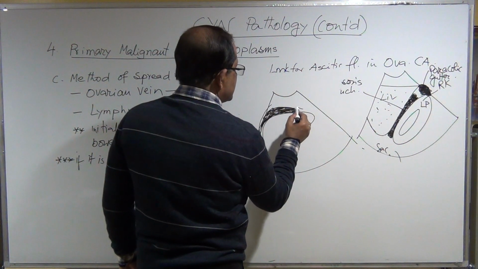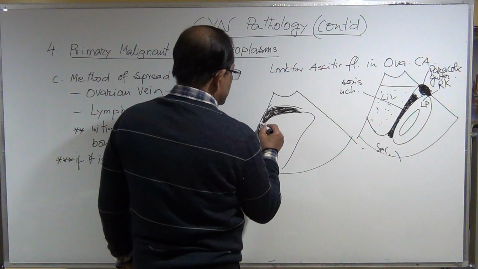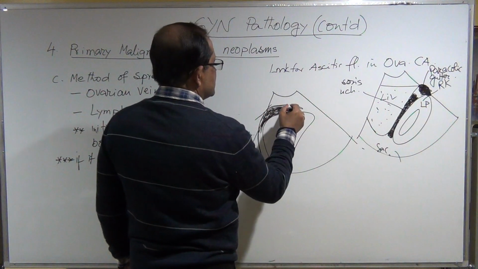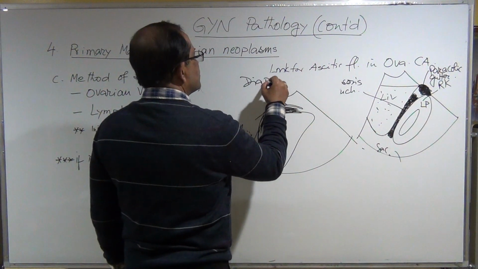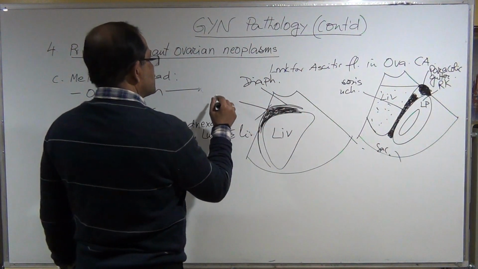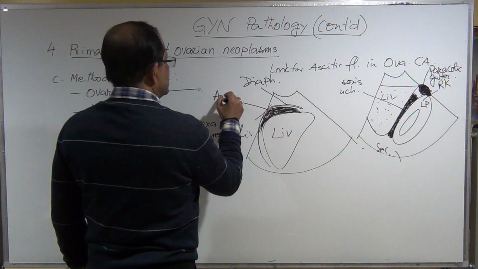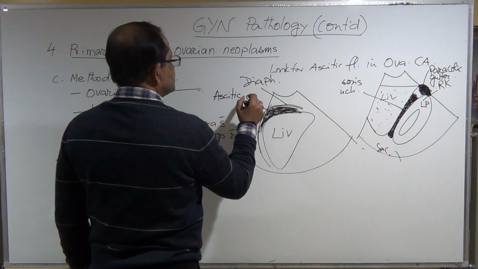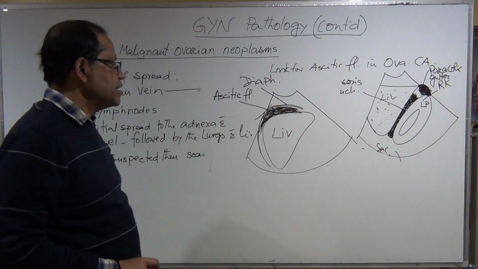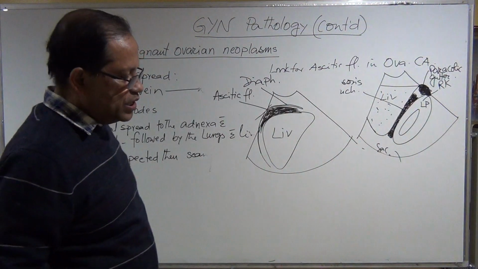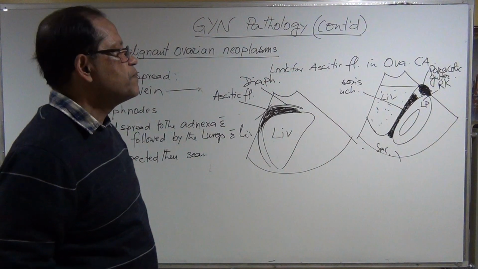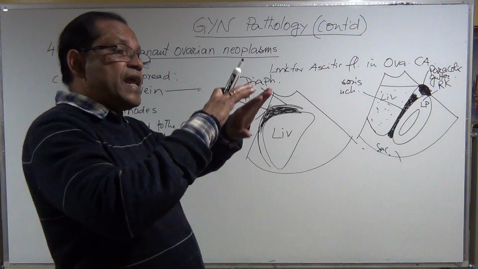The diaphragm is here. So this is the diaphragm, and this is the liver, and this is ascitic fluid. This fluid is under the diaphragm, we call it subdiaphragmatic, and above the liver we call it also suprahepatic. Okay?